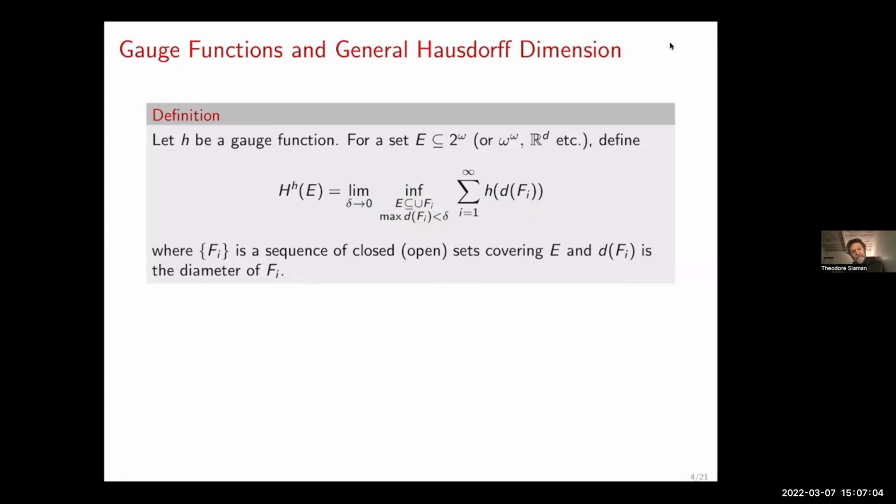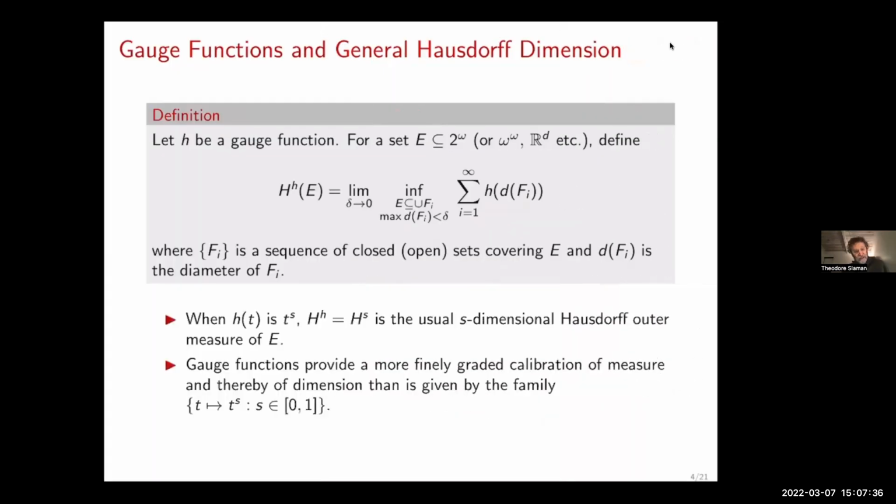So F is a collection of open sets covering E, and d of F of i is the diameter of F of i. This is the usual. If it were a Lebesgue measure, you just look at the inf of the open covers, and each interval would have size its diameter. But as you vary h, you can change what you think of as the measure of a basic open set.